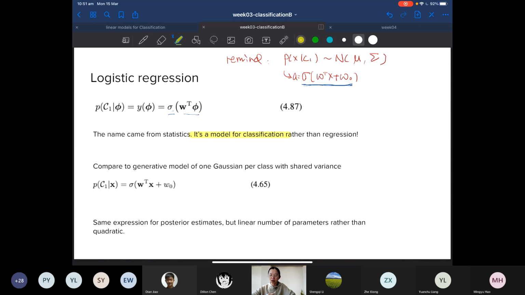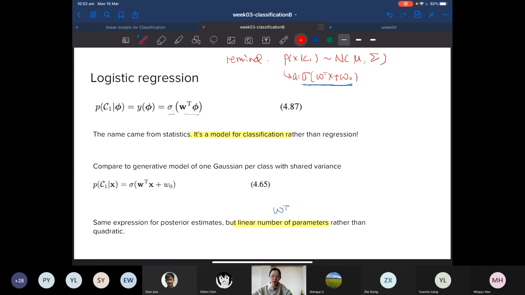So again, we started with the conditional Gaussian generative model. What's the difference? What changed? The functional form we're learning is exactly the same. We know how to absorb the constant term, so we can just ignore that. The difference is that we're now looking at a linear number of parameters, which is w transpose, rather than quadratic. Actually, take that back.